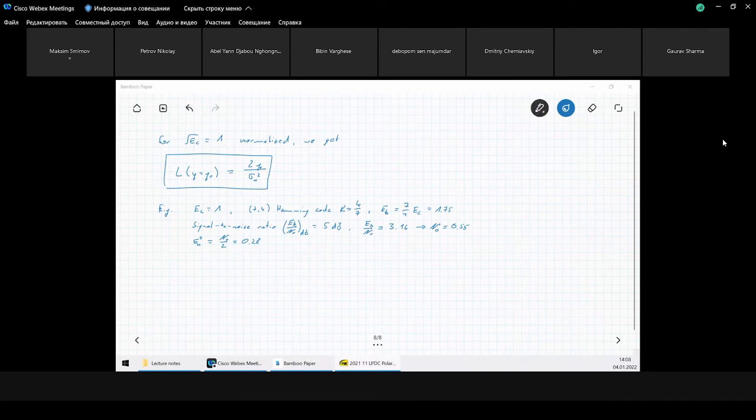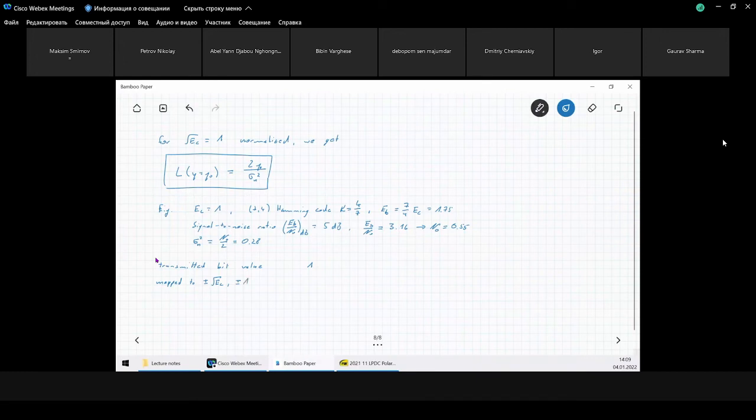So transmitted bit value. We transmit a 1 bit mapped to plus minus square root EC, or in this case, plus minus 1.